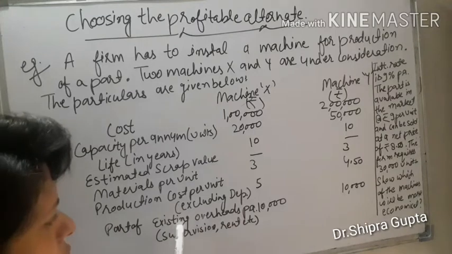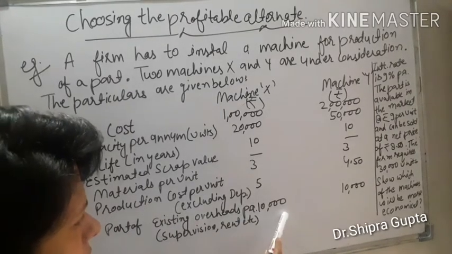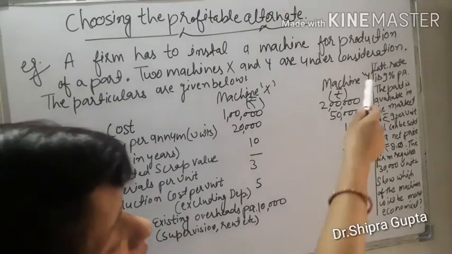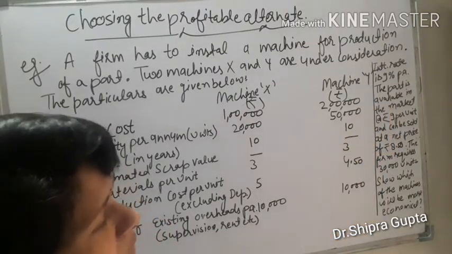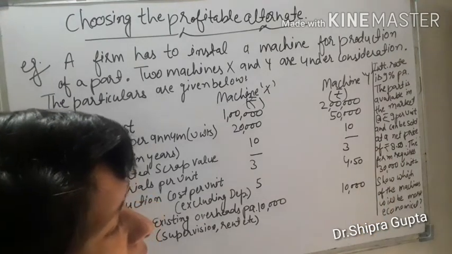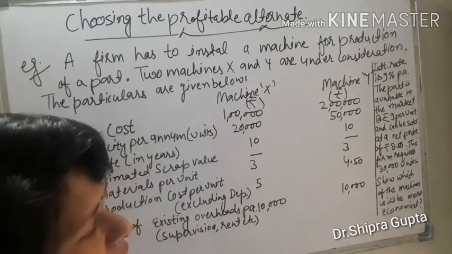Part of existing overheads per annum is 10,000 rupees for machine X and 10,000 for Y, and the interest rate is 9% per annum. The part is available in the market at rupees 9 per unit and can be sold at a net price of rupees 8.50.